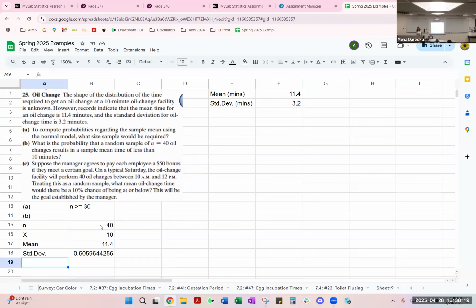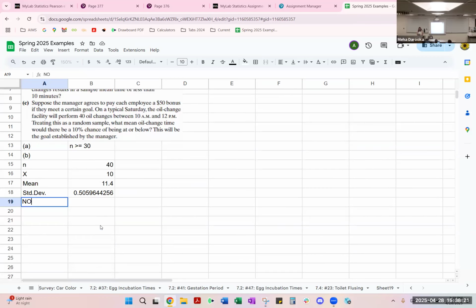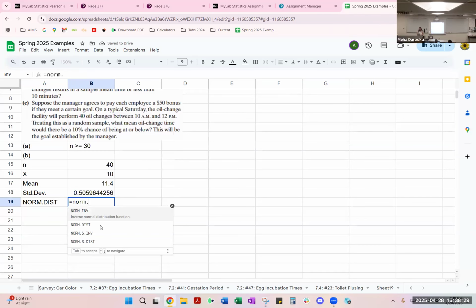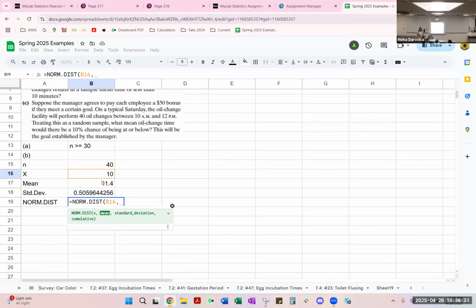And now you can use the built-in function, right? Again, the normal distribution function. So our X value was 10 minutes or less, or actually less than 10 minutes. Our mean is 11.4, and then we just calculate our standard deviation.